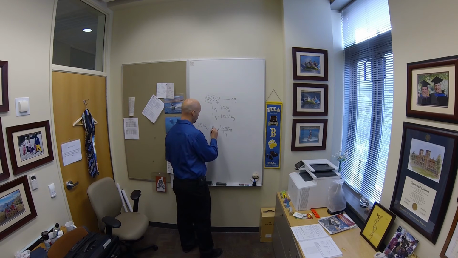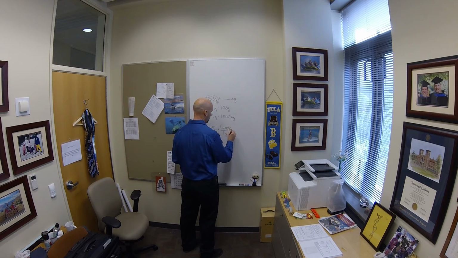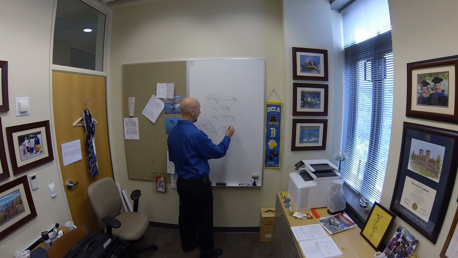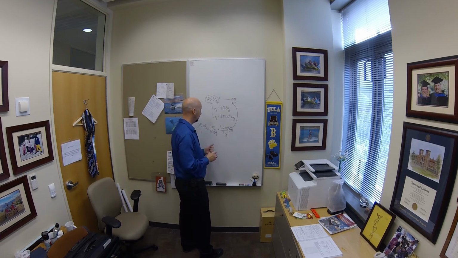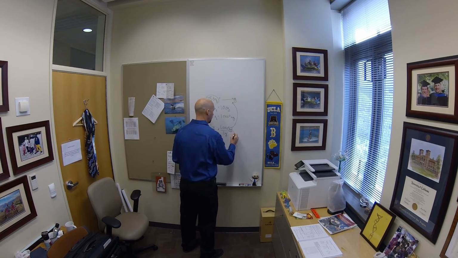I'm going to make sure that those grams cancel. The only unit that I'm left with is micrograms, which is what I want the answer to be in. So that once I've checked that, I know that I've set my dimensional analysis problem up correctly. Now, all I've got to do is the math.